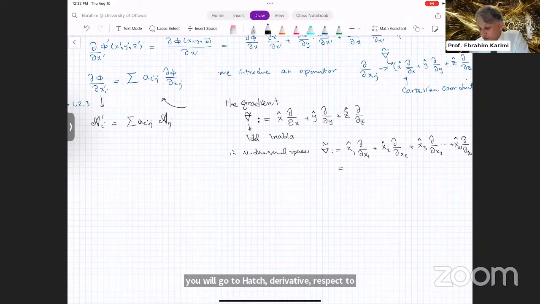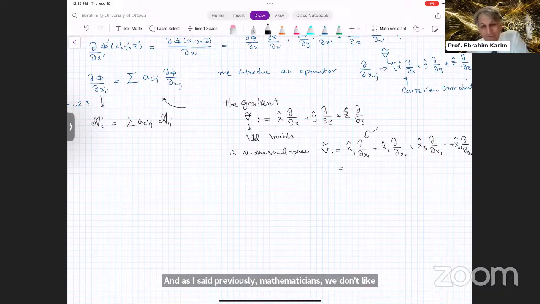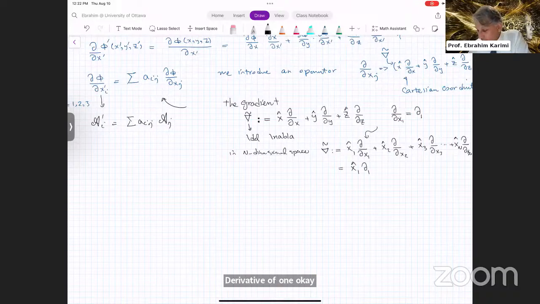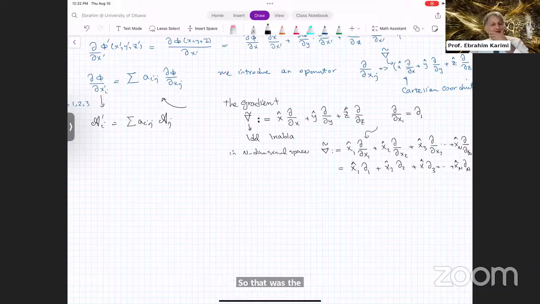And as I said previously, mathematicians don't like to carry the partial derivative with respect to x1. For simplicity, we write the partial derivative with respect to x1 as derivative 1. So we write it as x1 hat derivative 1 plus x2 hat derivative 2 plus x3 hat derivative 3 plus xn hat derivative n. That's a compact form that we have. So that was the generalization of a gradient.